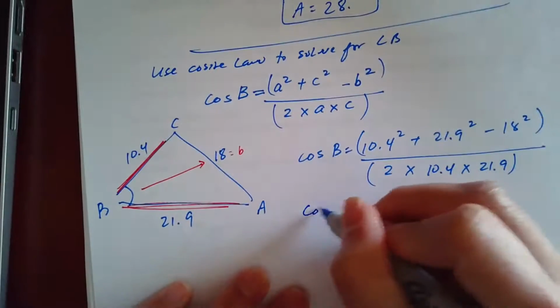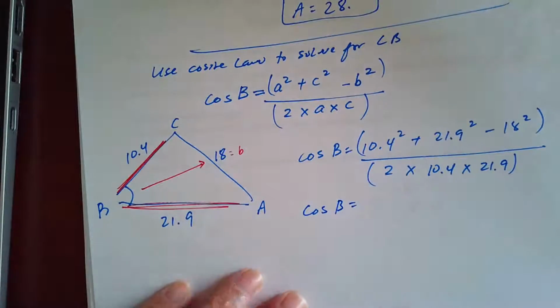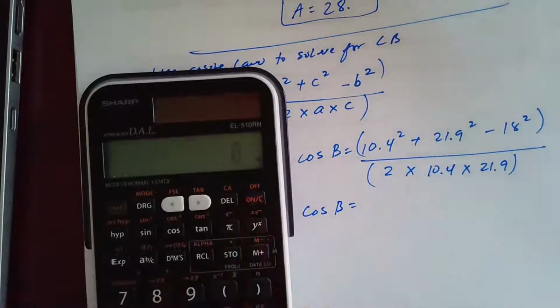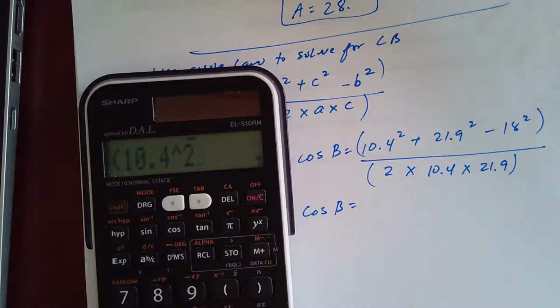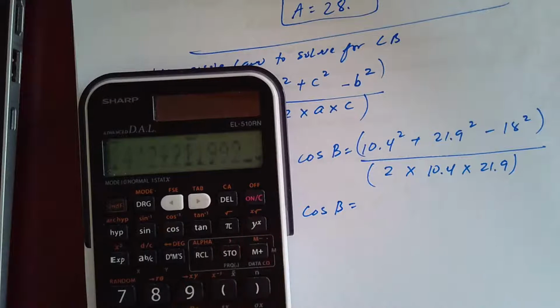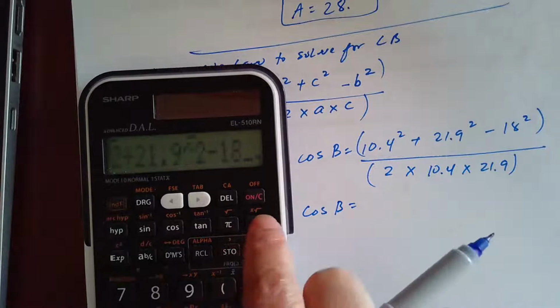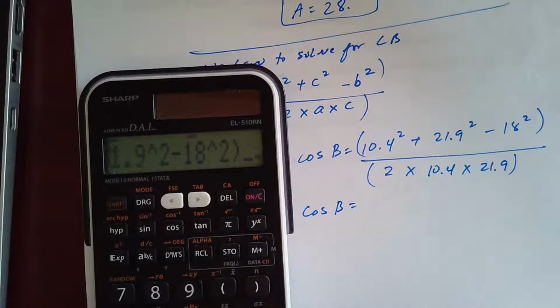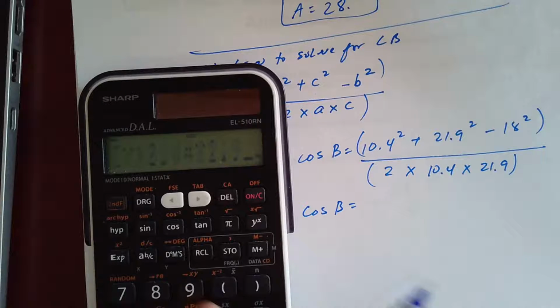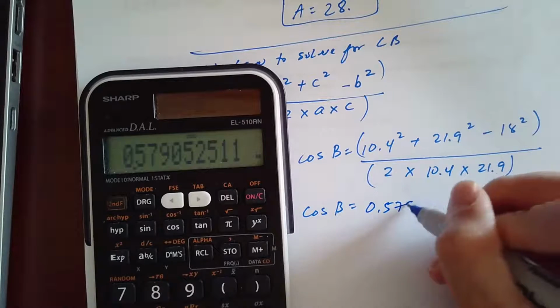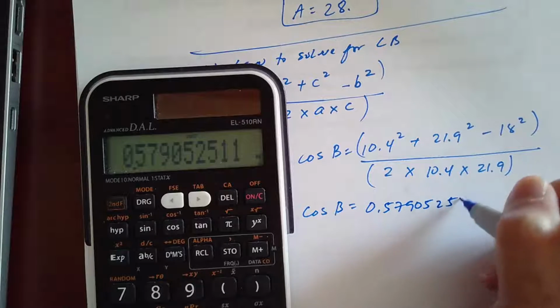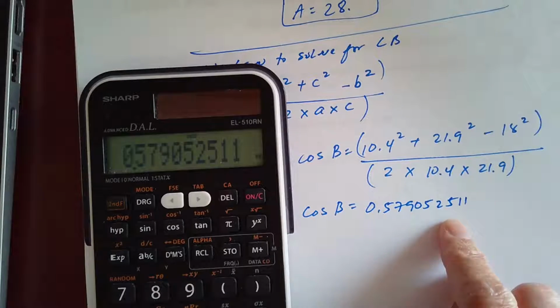Cosine of angle B is equal to whatever that is. I'm going to get 0.579052511. I'm keeping all the decimals.